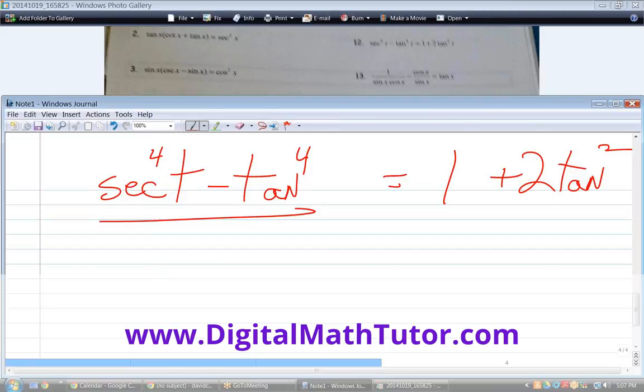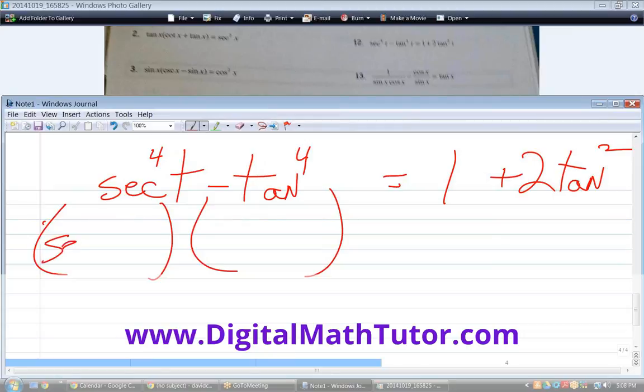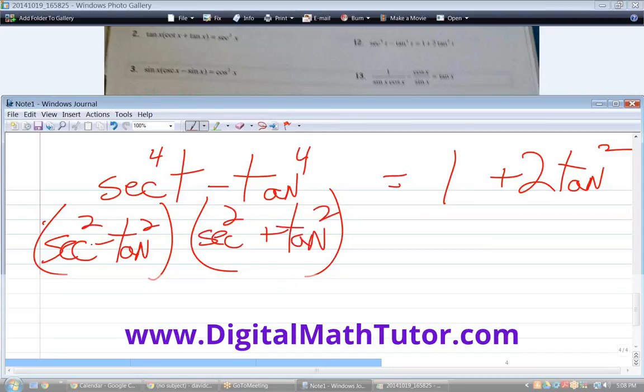If we're working with squares, then we have 3 different Pythagorean identities we can access. So you have to be able to break that into what? It'll be secant squared minus tangent squared, and then secant squared plus tangent squared. And again, each secant squared can be replaced by what? 1 plus tangent squared.